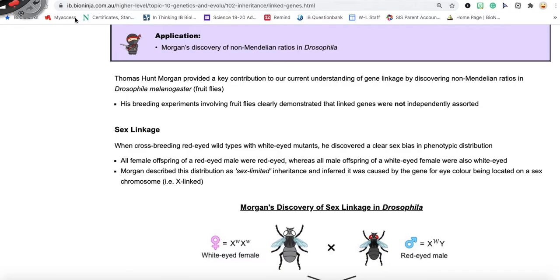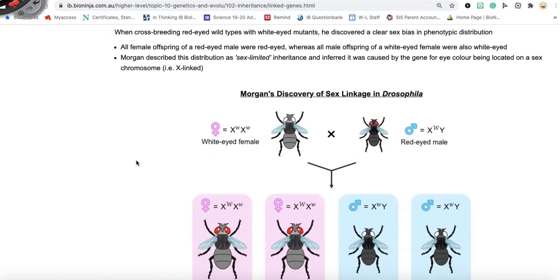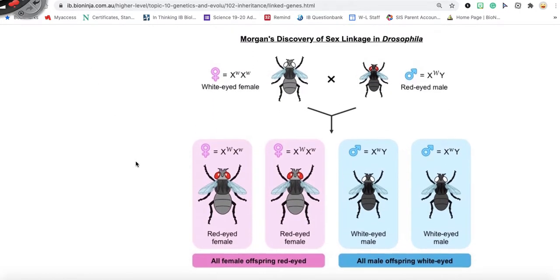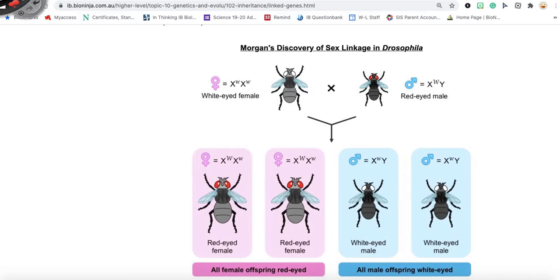So let's go down here and see if you remember what you studied back in the 9th grade. So remember that in sex-linked genes, only the X chromosome carries the allele. The Y chromosome does not.